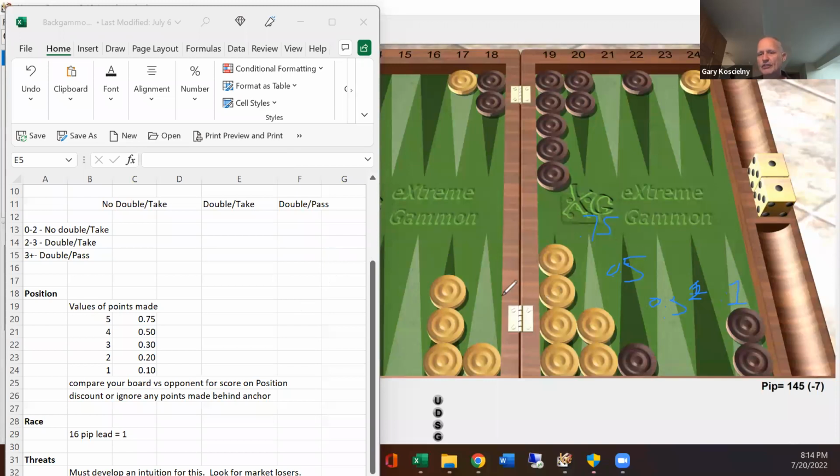Race is very simple to do. We're going to look at the pip count, and if we're up by 16, we give that a 1. If we're up by less than 16, we'll give it a fraction. So 8 would be 1/2, and if we're behind, we get 0. In this case, we're up 7, so that's just under a half.